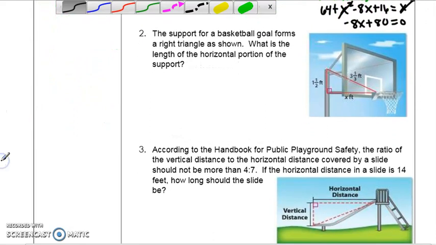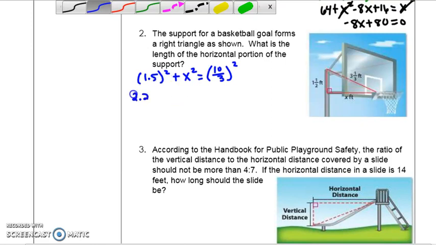To support the basketball forms, the right triangle here, what would the length of the horizontal portion be? So we're going to go ahead and set that up. 1.5 squared plus x squared is equal to 10/3 squared.